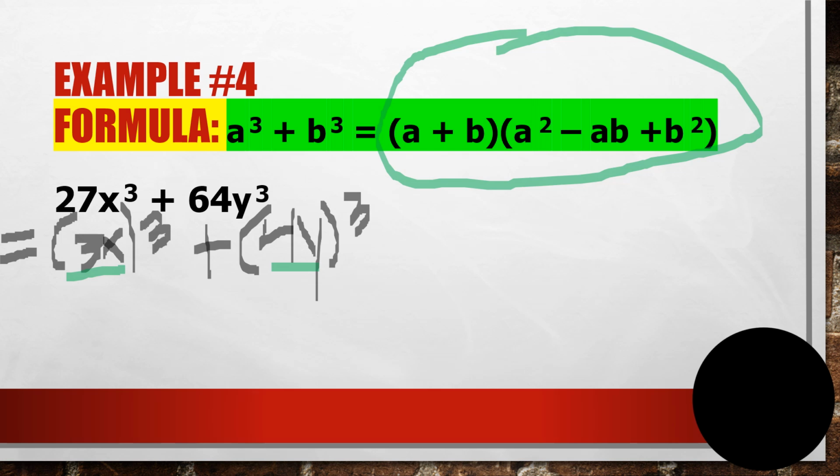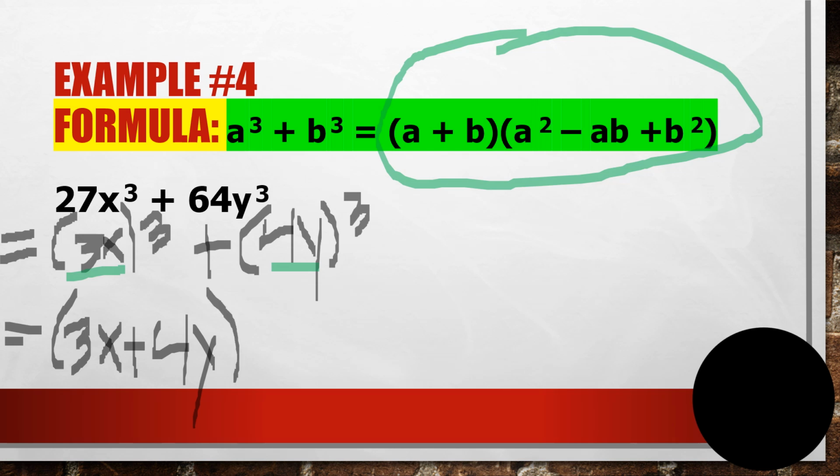Okay, equals A plus B. Our A here is 3x plus 4y. Close and open parenthesis. A squared, which means 3x times 3x, we have 9x squared, minus A times B. 3x times 4y. 3 times 4, you have 12.